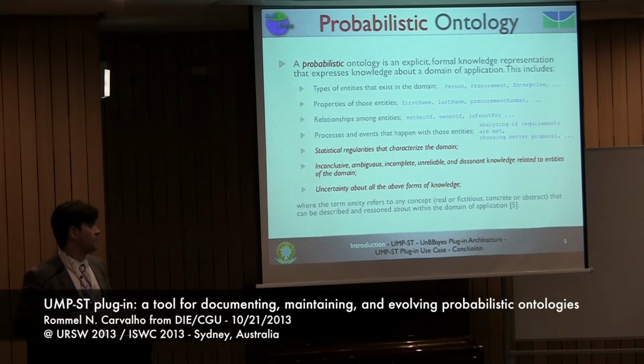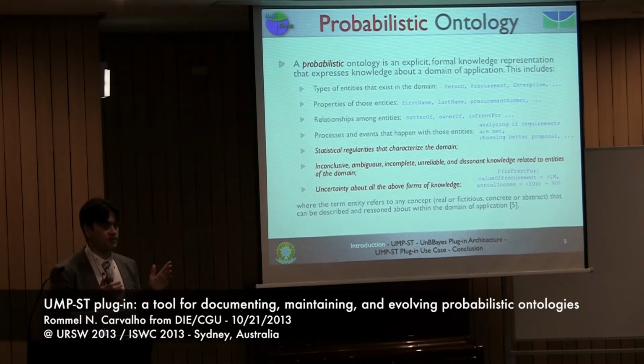Right? So, to be more practical, what we're trying to do is say something like: the probability that a person is a front for a certain enterprise, given some piece of evidence. So given some data I have, some triples in my triple store. For instance, the value of a procurement is greater than $1 million, and it's a procurement which this enterprise won, because then the money went to that enterprise.